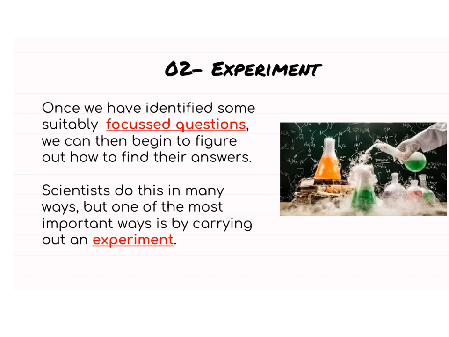While scientists are observing the world around them, they will start identifying focused questions. And after identifying these questions, they will start figuring out how to find their answers. Usually, scientists use many ways to find answers to their questions, but one of the most important ways is by carrying out a given experiment.